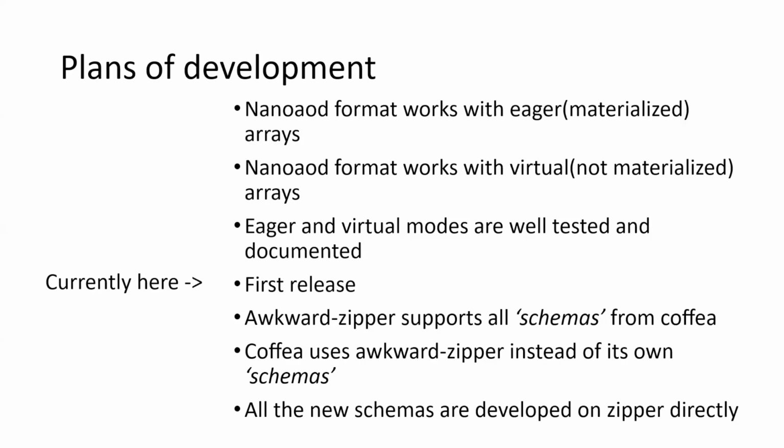And with that, you're currently free to use Awkward Zipper if you use NanoAOD data. Also, in the future, we plan to migrate all the schemas from Coffea to Zipper and make Coffea use those instead of its internal schemas and get rid of them altogether.